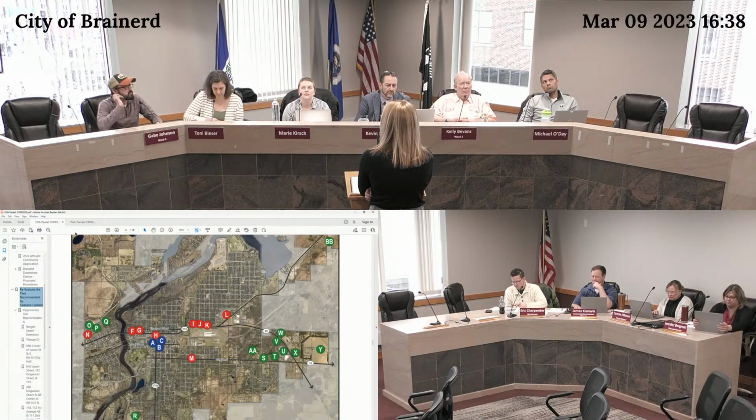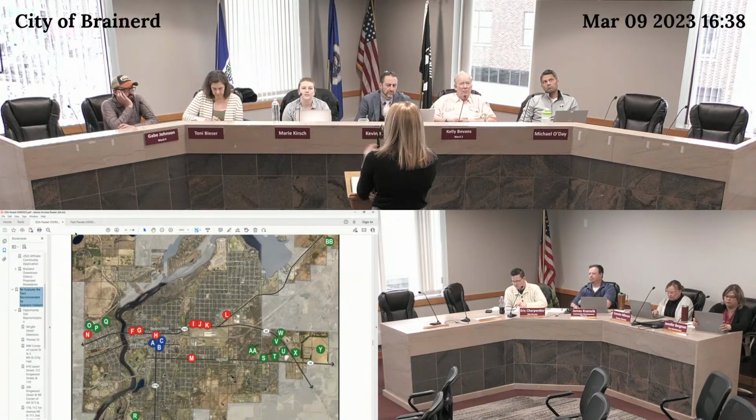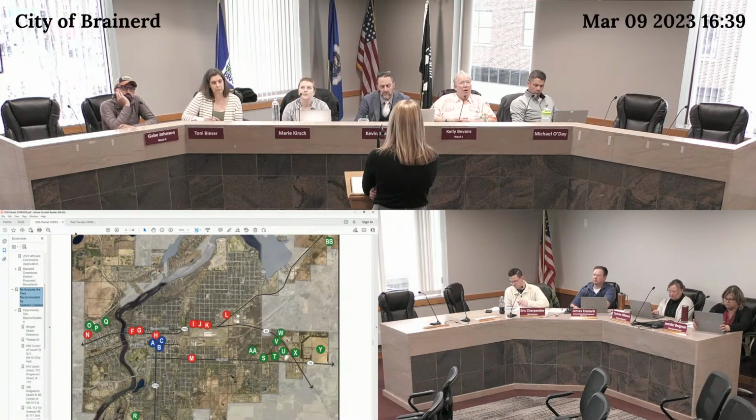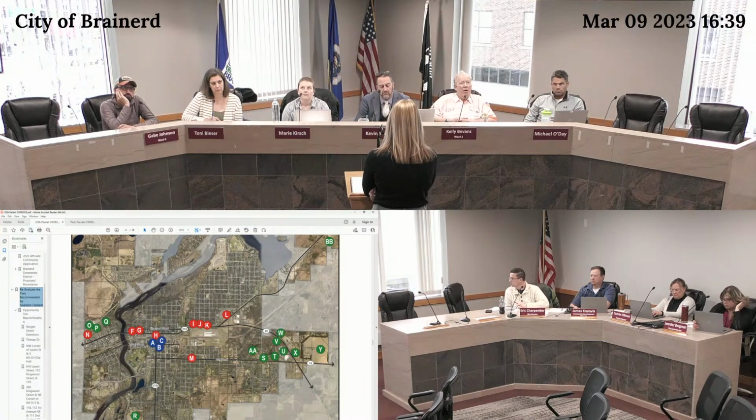The housing areas that we identified did include the parking lots in downtown, which is how those rose to the top last year. Which is R, I believe, on this map, that's the acquisition from Brainerd Public Utilities that came through.